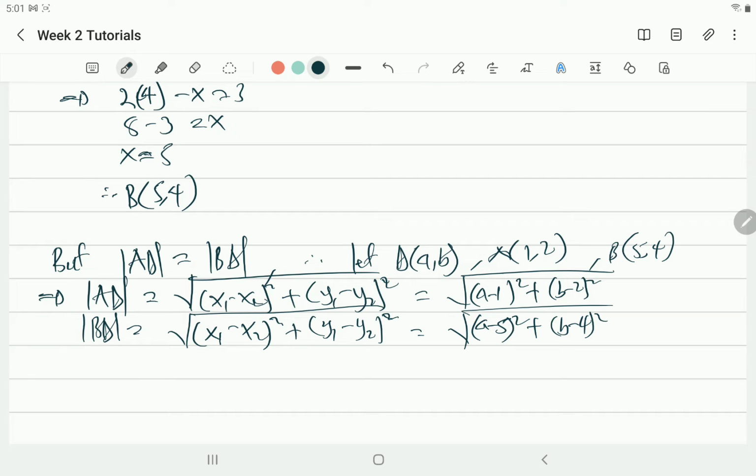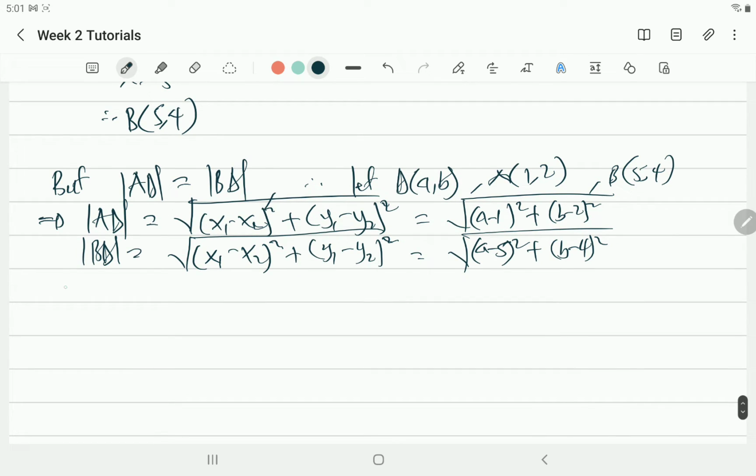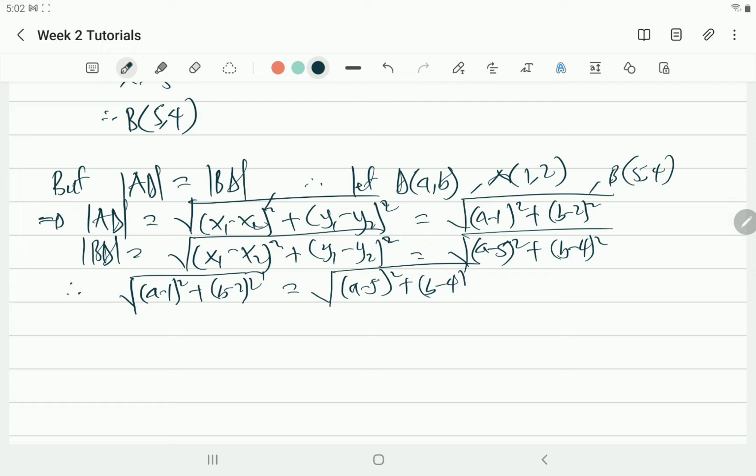These two are equal, so I just come down here to equate them. So therefore we have that square root of a minus 1 squared plus b minus 2 squared is equal to the square root of a minus 5 squared plus b minus 4 squared.